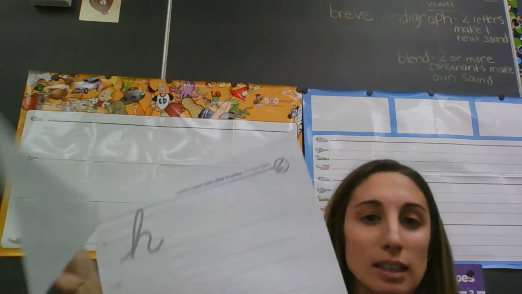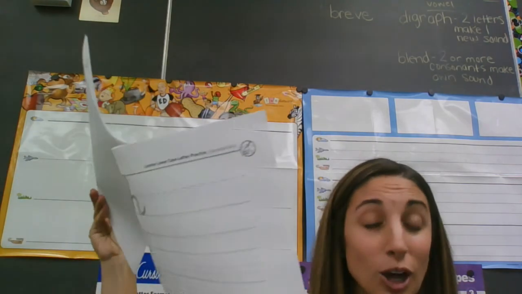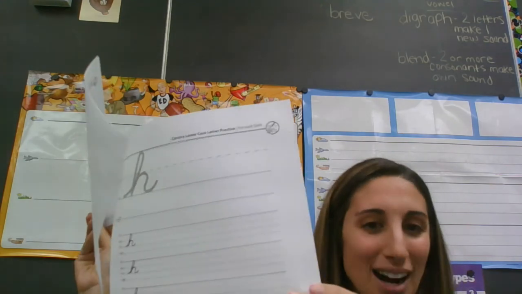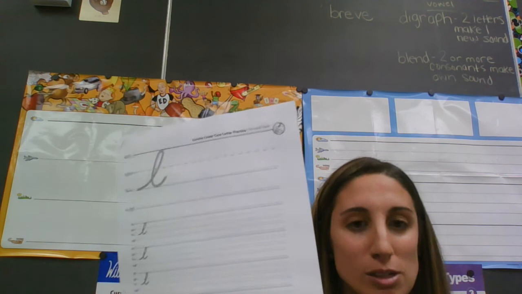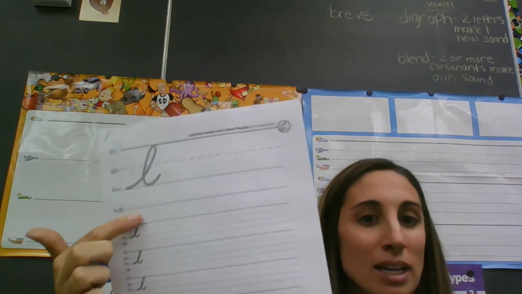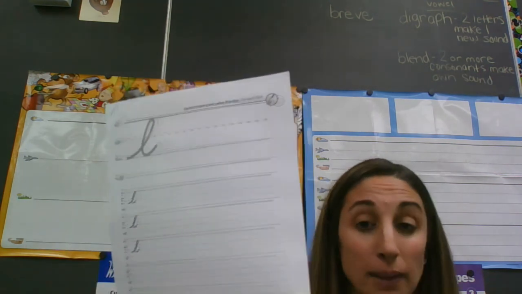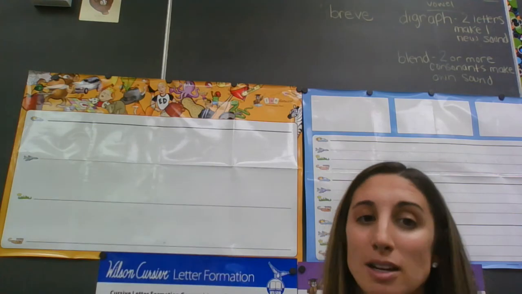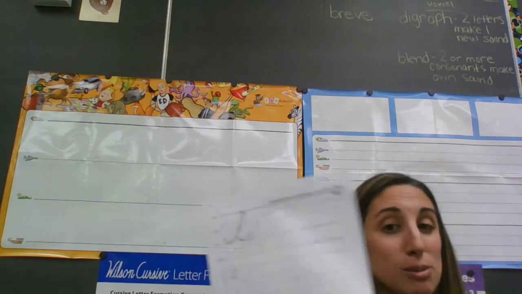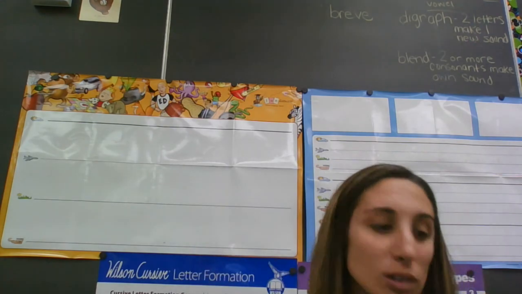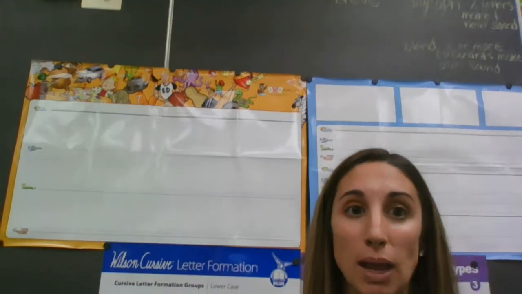And then finally, they traced the lowercase h and practiced. I told them they could take this page home or work on it at dismissal or extra time to do all of the practice down below because it is good practice. But just a refresher at home, if you don't have this packet, that's okay. You can simply do these on a piece of paper.